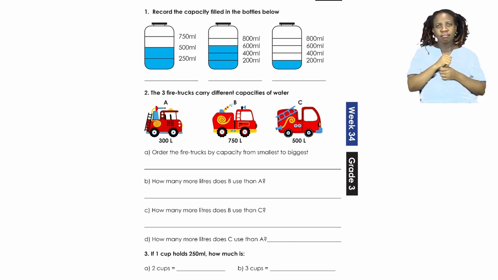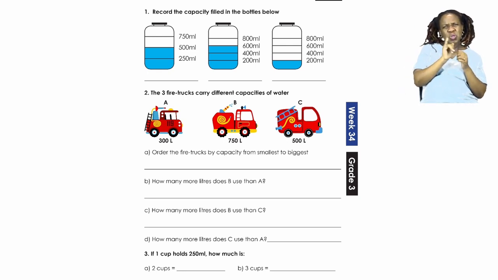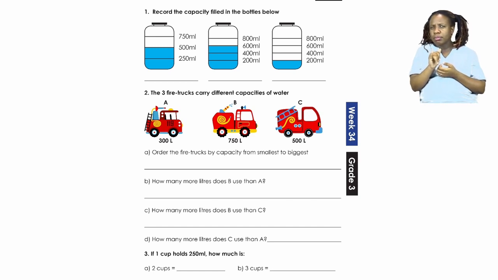Now, let's quickly look at number A. A says that you have to order the fire trucks by capacity from the smallest to the biggest. If you look at your fire trucks, which one would you say has the smallest capacity? That's right, everyone. It's A, and A is equal to 300 liters.